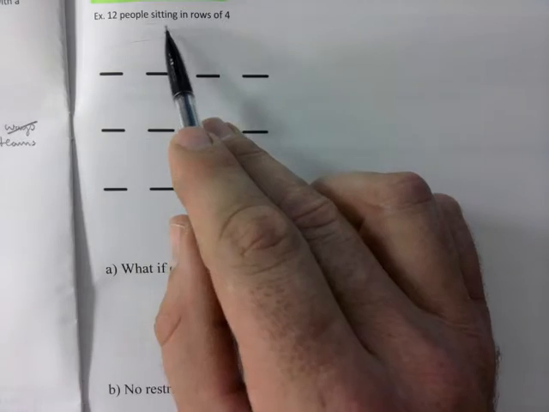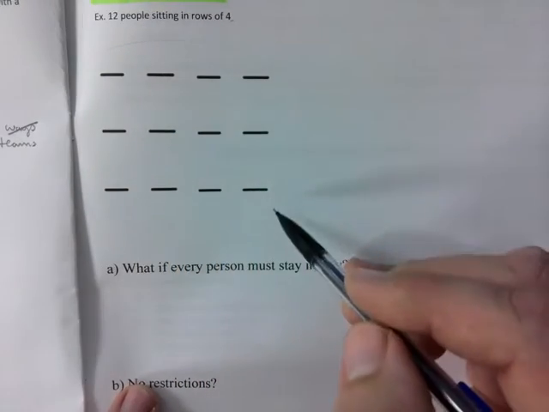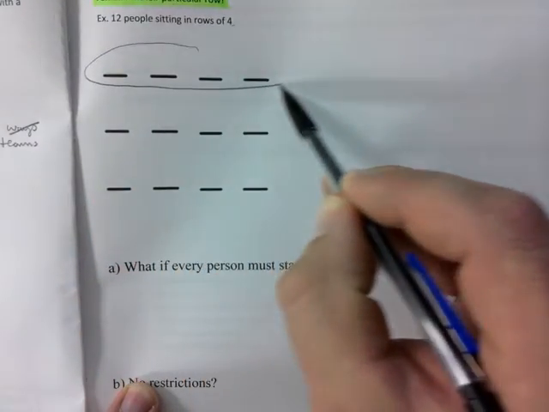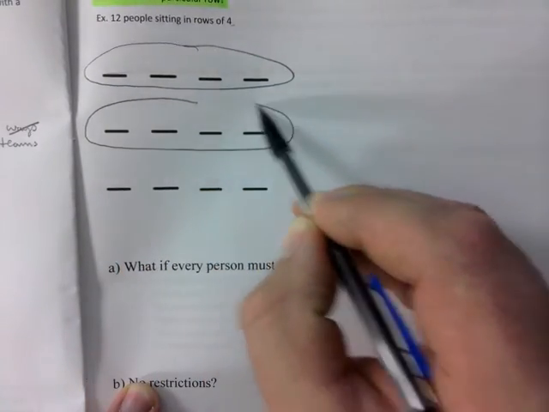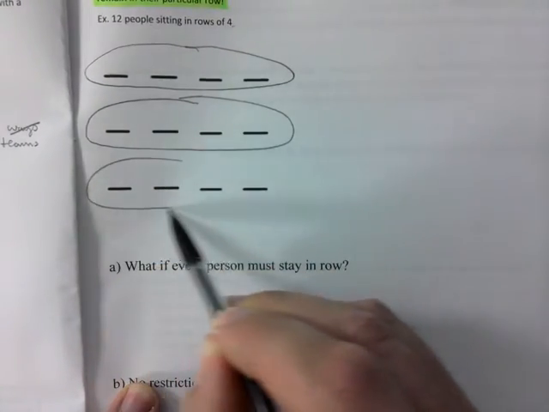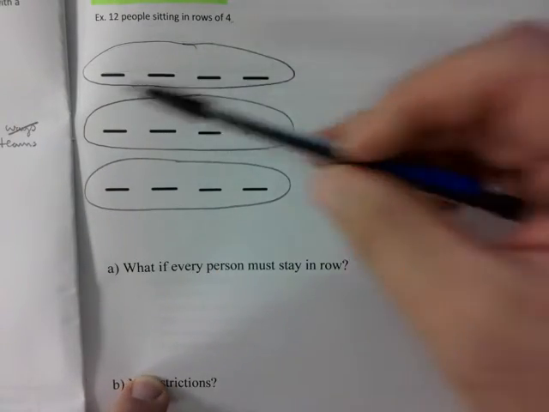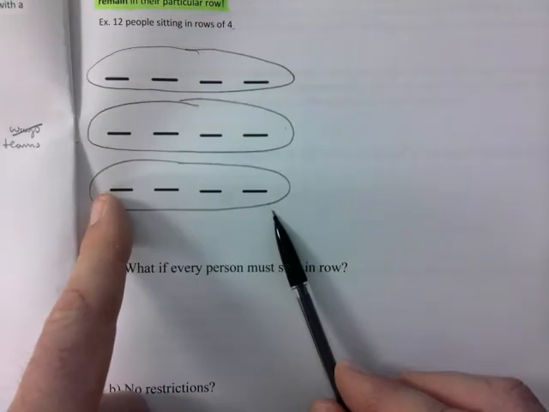So let's say you have 12 people sitting in rows of 4, right? So there's 3 rows, 4 in each, right? So you have to think of these must stay together. What does this look like, guys? Doesn't this look like grouping, right? It's almost like you could put these rows side by side and it's just 3 big groups, right?